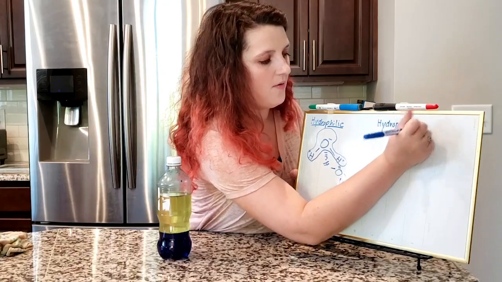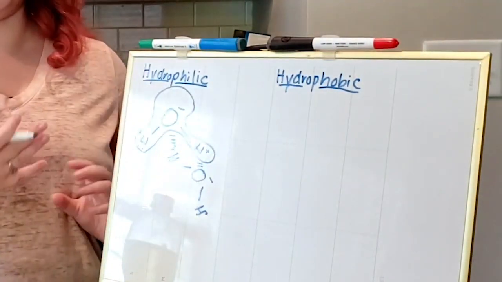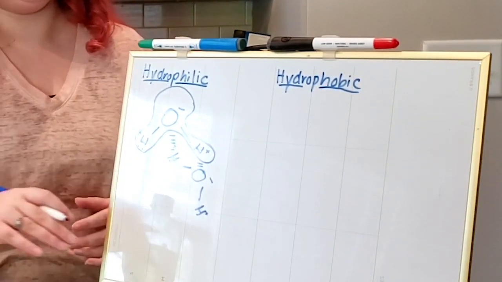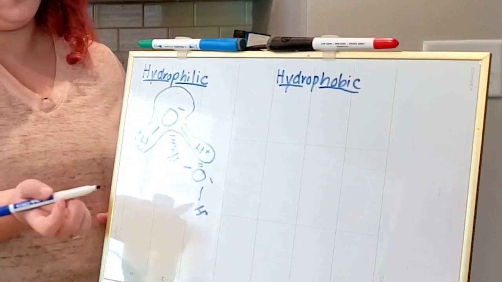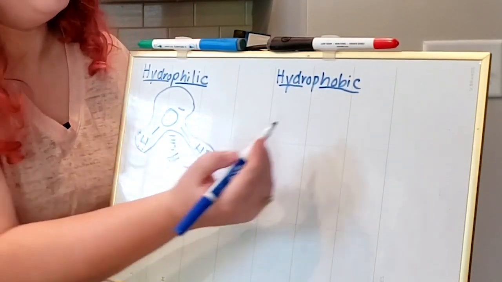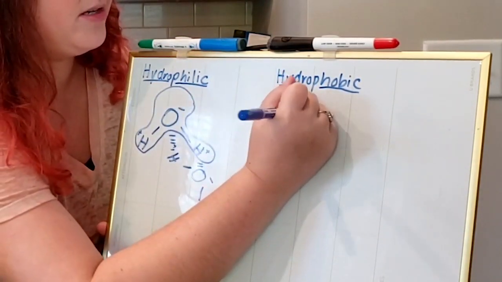Now when we look at hydrophobic, we know hydro means water. Phobic means fears. So these are things that don't like water. They're afraid of water. That's things like oil. And the difference is you don't see the same type of molecule. Oil is a very long chain of carbons and hydrogens.